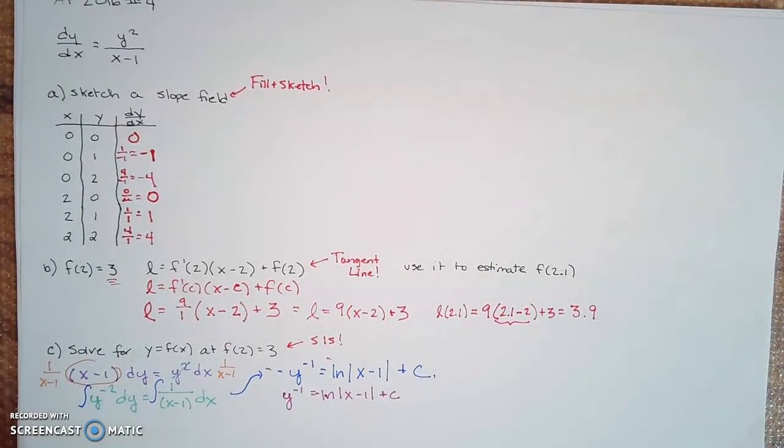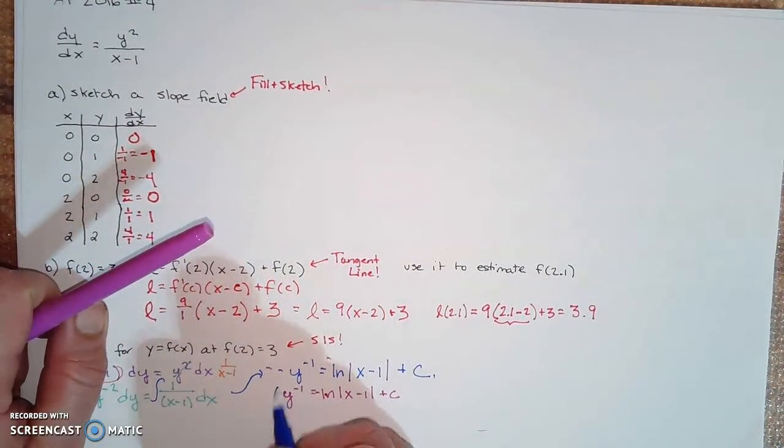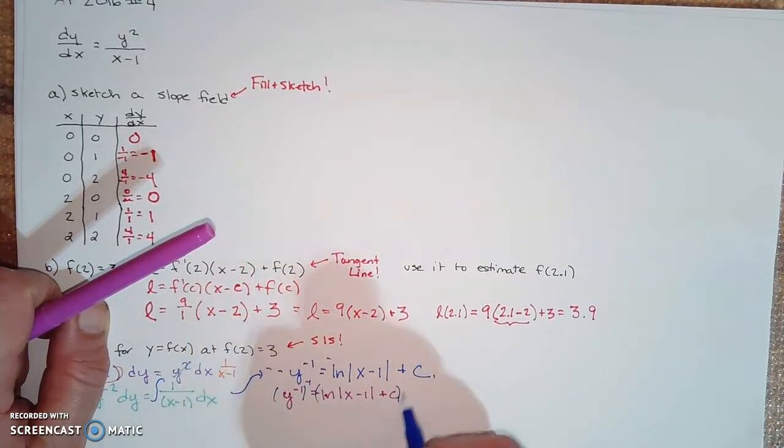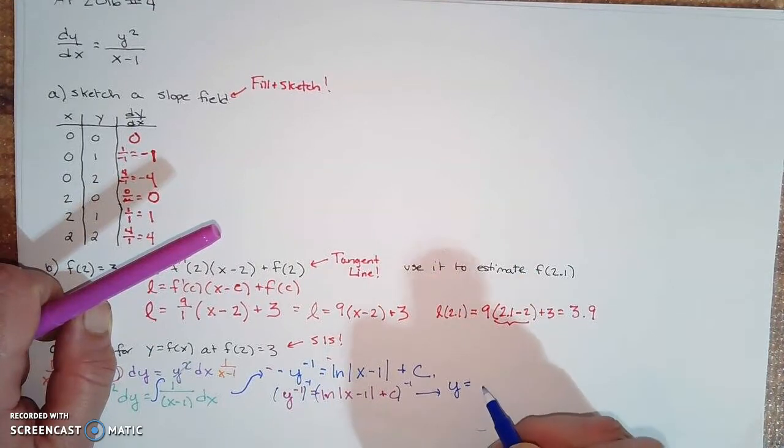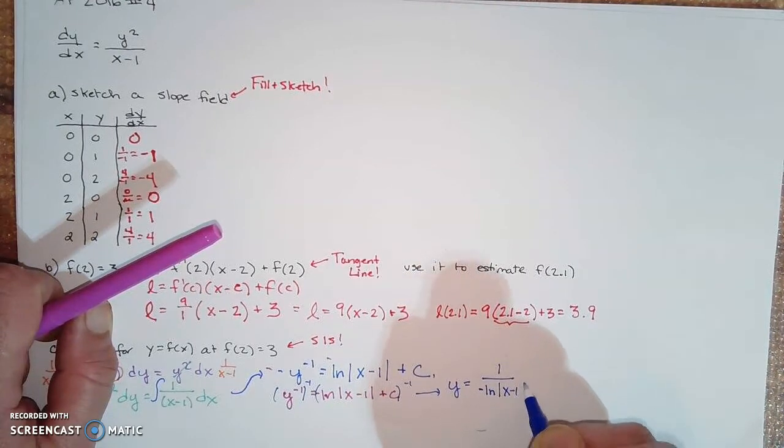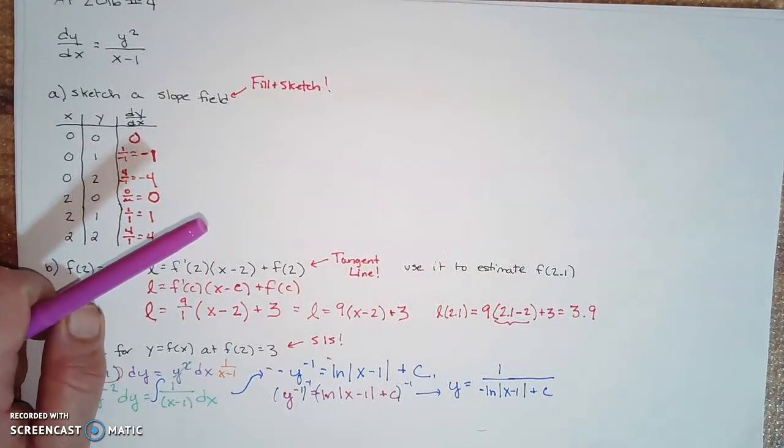And to get rid of the minus 1 here, I'll put both sides to the minus 1 power. And I will end up with y equals 1 over the negative ln of x minus 1 plus c.